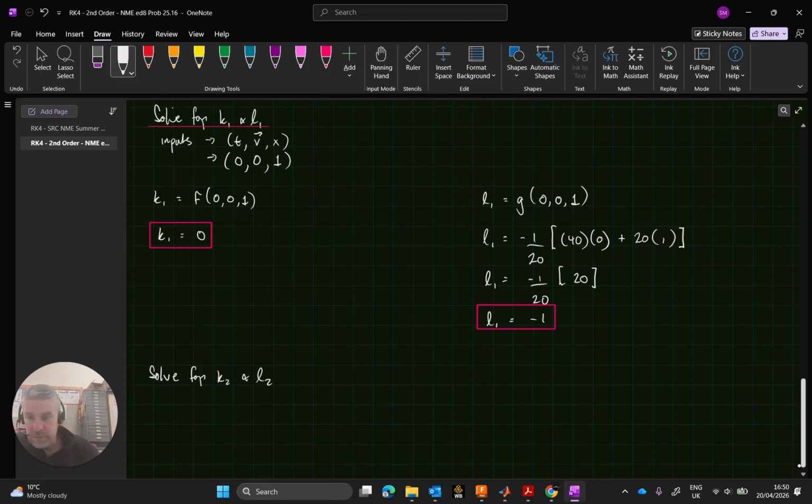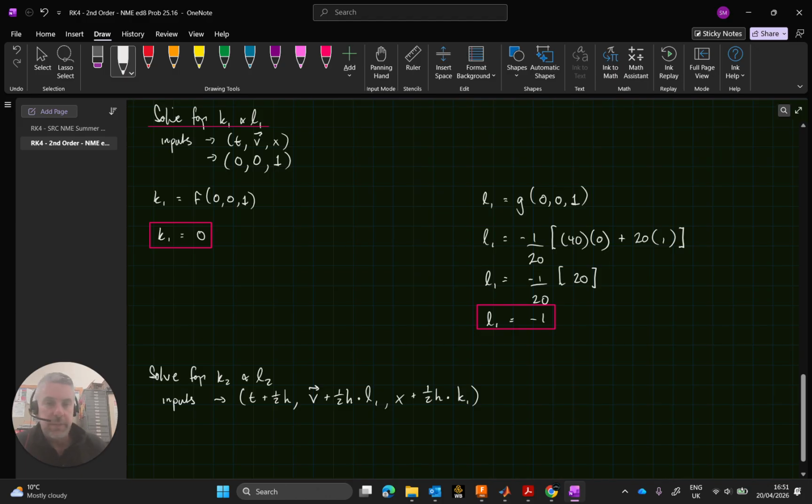So our inputs are indeed our T plus 1/2 of H, our V plus 1/2 of H multiplied by L1, and then our X plus 1/2 of H multiplied by K1.